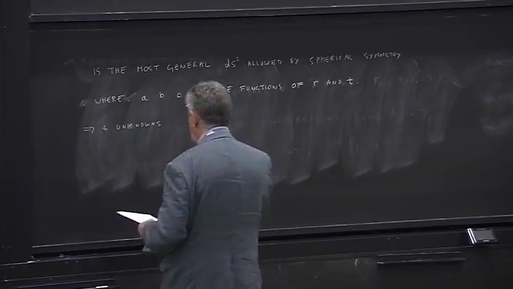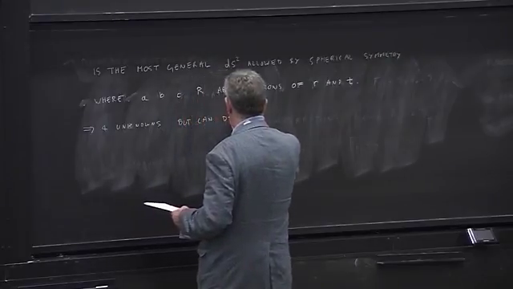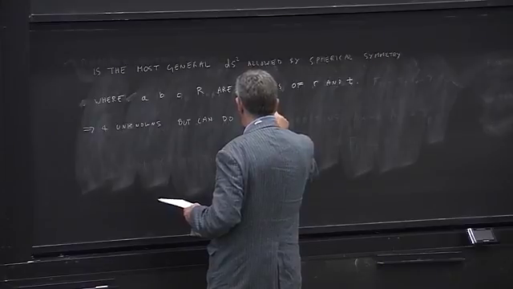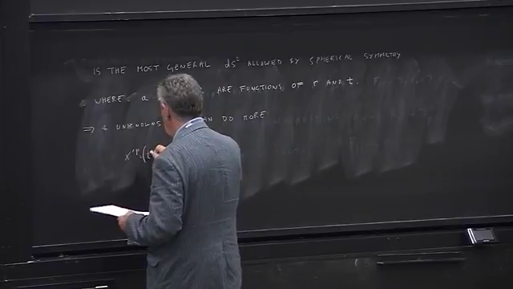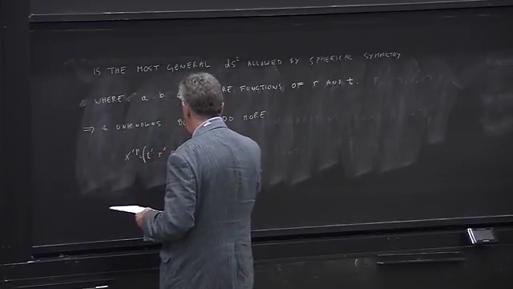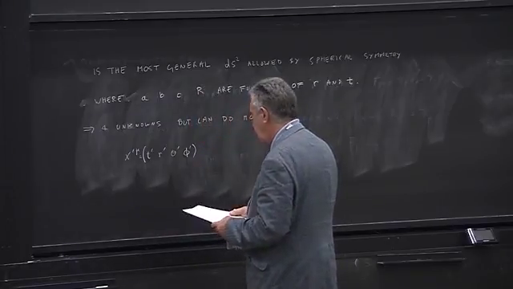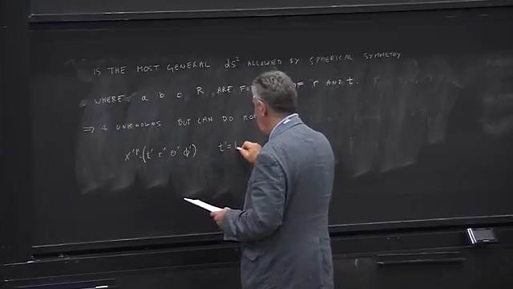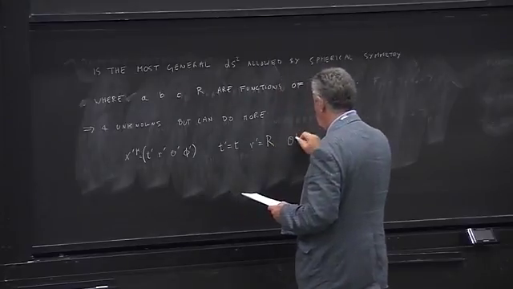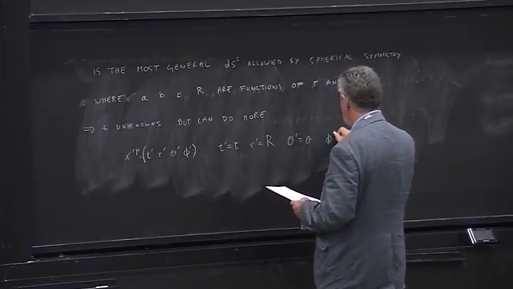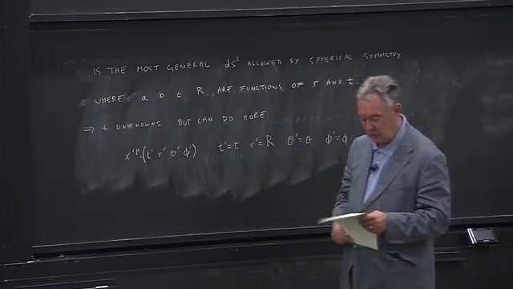So let's go to coordinates x prime mu equal t prime, r prime, theta prime, phi prime, where t prime is just t, r prime is capital R, theta prime is theta, and phi prime is phi. That's a possible coordinate transformation.